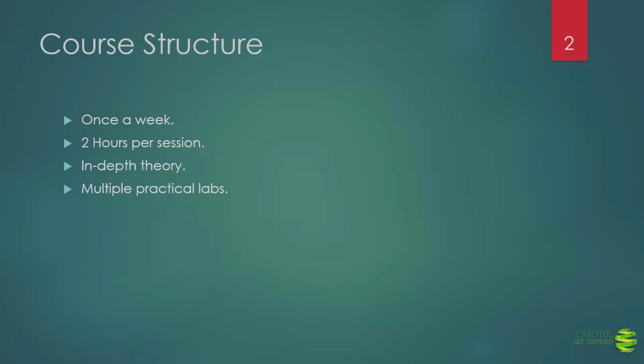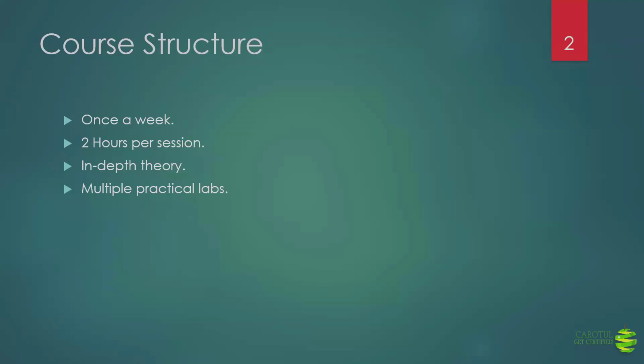You will see that for labs, we have different PDFs created, and these PDF files will have the instructions or the questions that you need to configure on a topology. The topology will include routers and switches, and you need to configure these instructions from the PDF lab on that topology, right?